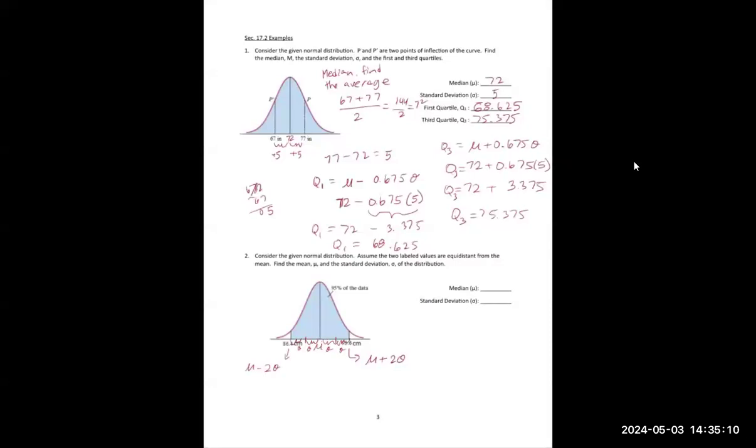So to find the standard deviation, I can subtract 86.4 from 95.6, and I can find the distance between the 2 points, and then I can divide that by 4 to find the standard deviation. So let's do that.